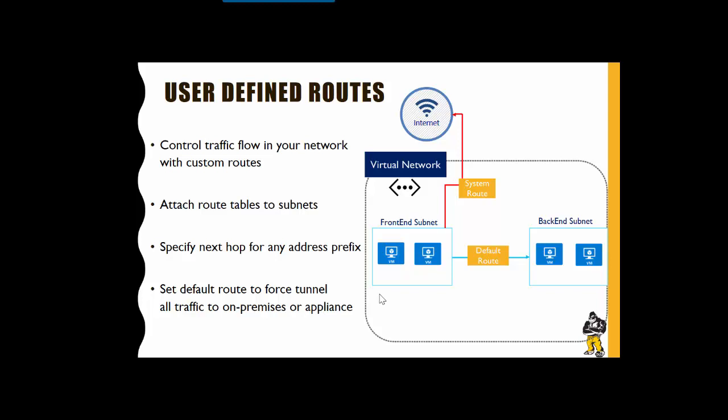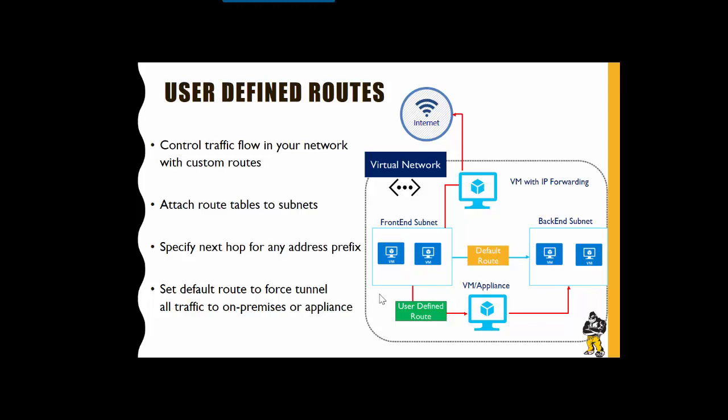So user-defined routing really helps you in controlling traffic flow within your network by using custom routes. You can specify the next hop and define a default route to really force tunneling communication. In this scenario, what we're doing is, for example, defining that traffic from the front end to the back end needs to pass through a virtual machine appliance.